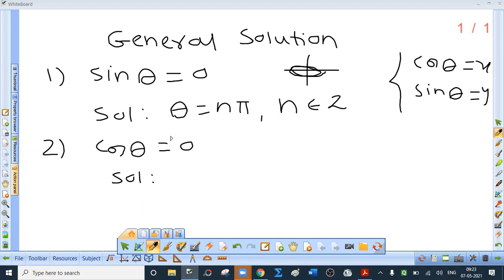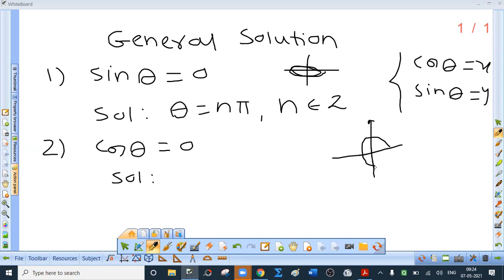Second, cos theta equal to 0. But cos theta is x. So if x is 0, now x is 0 for which angles? If a point lies on the y-axis, x coordinate is 0. So for pi by 2, the cosine ratio will be 0. For 3 pi by 2, again the cosine ratio will be 0. Now you will notice that pi by 2, 3 pi by 2 are all odd integral multiples of pi by 2.